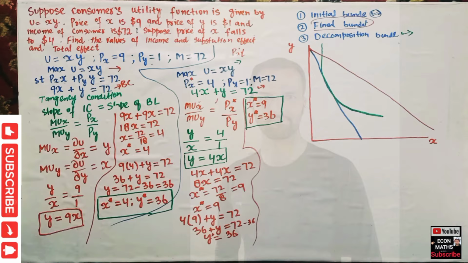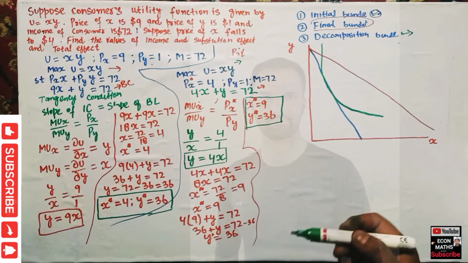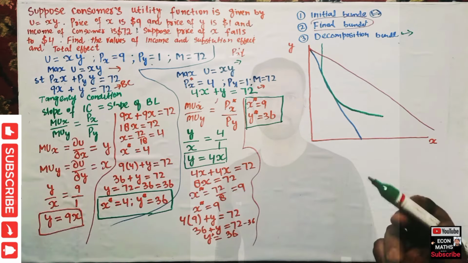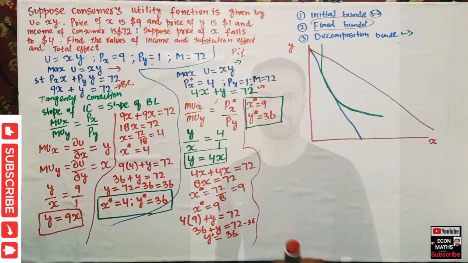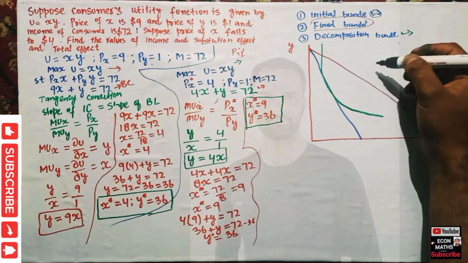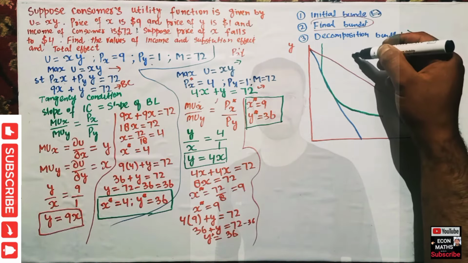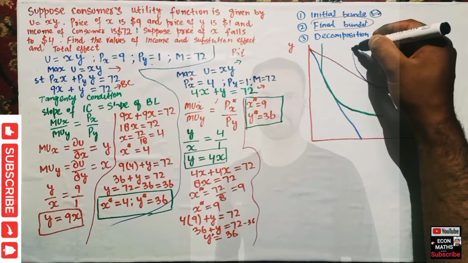This is our new budget line. And at this new budget line, consumer will try to optimize its consumption bundle, and it happens only when the indifference curve and the new budget line are tangent to each other. Let us say our new consumption bundle was like this. Okay, I am not good enough.